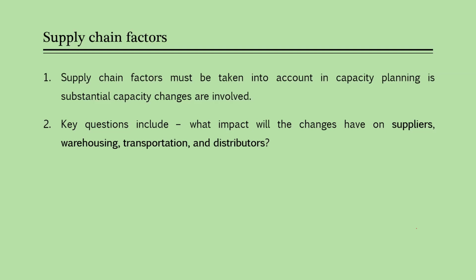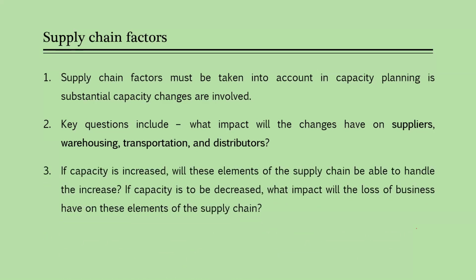If there are issues in the supply chain, then what will happen to the suppliers? Whether we have enough warehouse, whether the transportation facility is adequate to deliver the goods or take the raw materials. What will happen to the distributors? They have to wait more time because of these issues. So these are questions we can face.